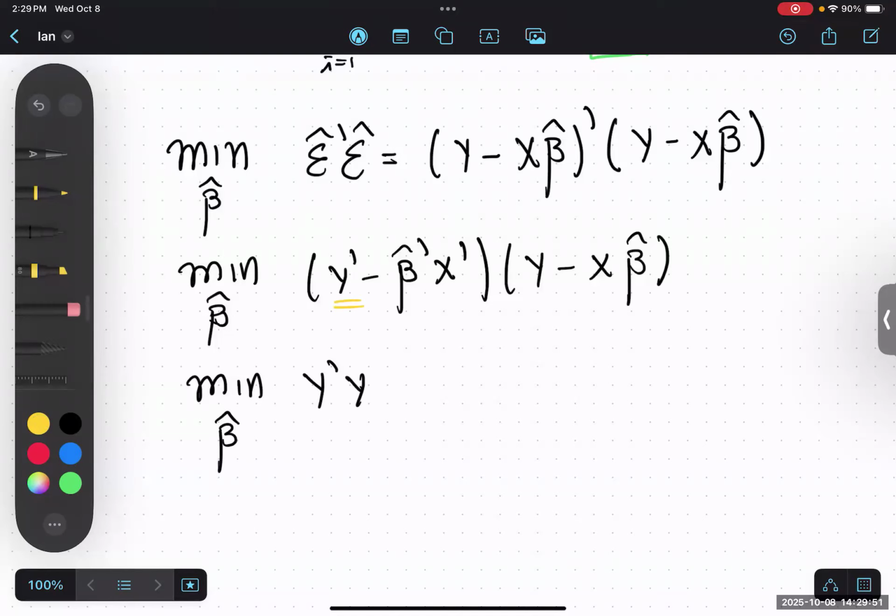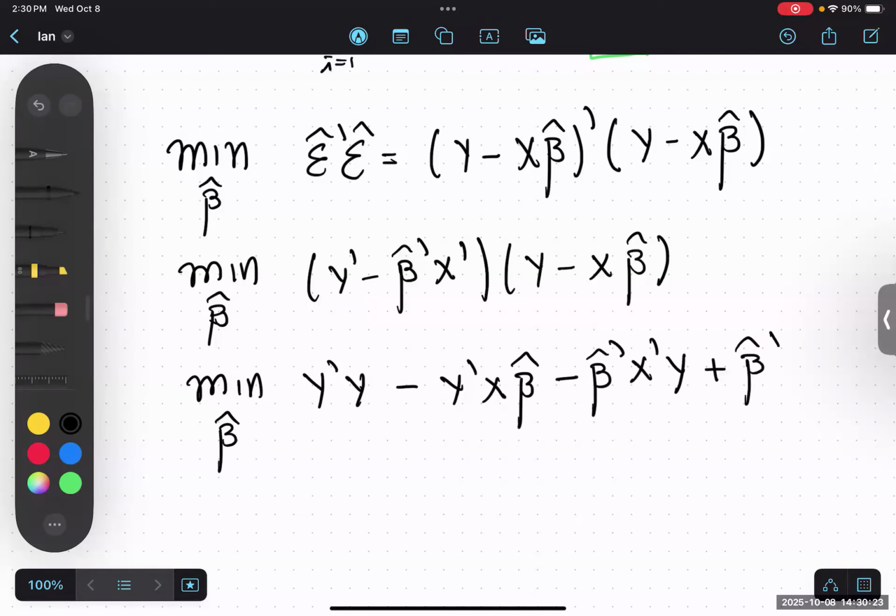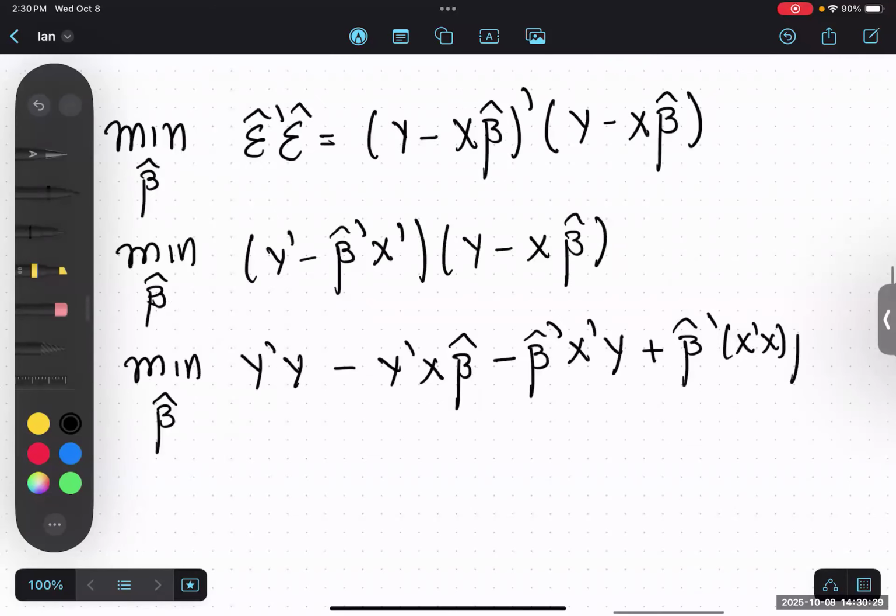Next one, the first one, which is negative y transpose times X beta hat. And then what I'm going to do is the second one times the first one, which is also negative beta hat transpose X transpose y. And the last one is negative times negative, which becomes positive beta hat transpose X transpose X beta hat.